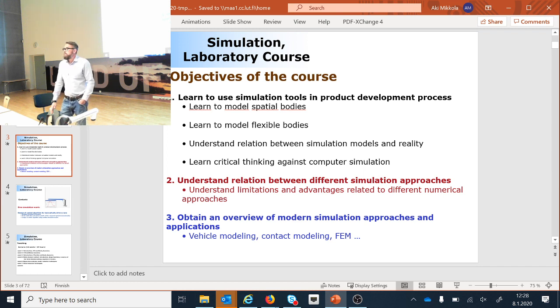One of the challenges of this course is to learn critical thinking toward computer simulation. Remember, there is this medical condition called simulation disease, a severe medical condition, which we have to avoid getting. But you can easily get that disease because we are all surrounded by simulation.